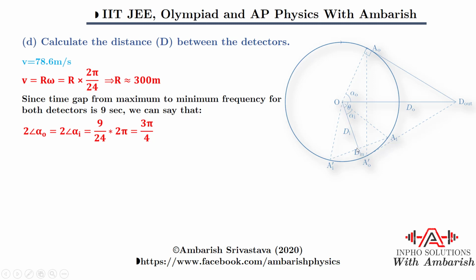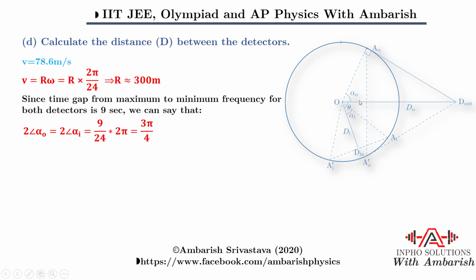Similarly for the inside detector, AI is the point where maximum frequency is detected, and AI prime is the point where minimum frequency is detected. Recall that the peak to valley time for both detectors was the same, as we saw on the second slide. That means twice alpha naught should be the same as twice alpha I, because one is the maximum to minimum time for the inside detector, and the other is the maximum to minimum time for the outside detector.